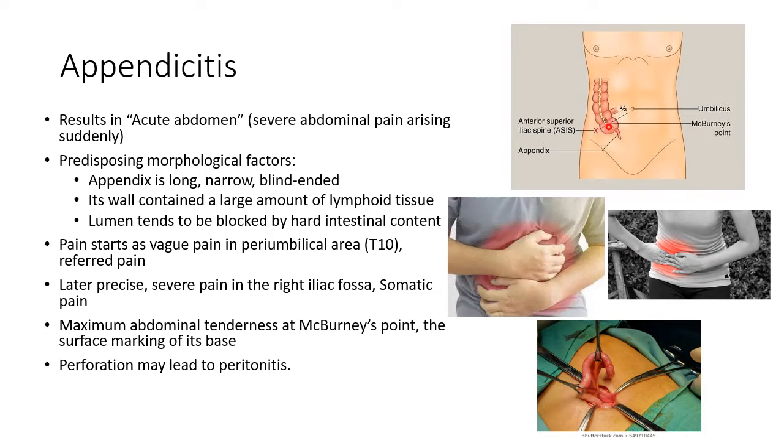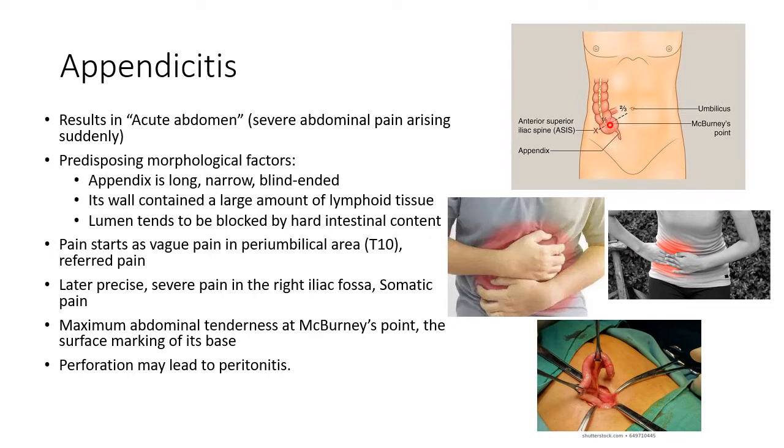Now, the maximum tenderness or maximum pain is at a specific point called McBurney's point, which is the surface marking of the base of the appendix. In the previous slide I told you the base of the appendix is almost fixed, while the tip can vary depending on the position.